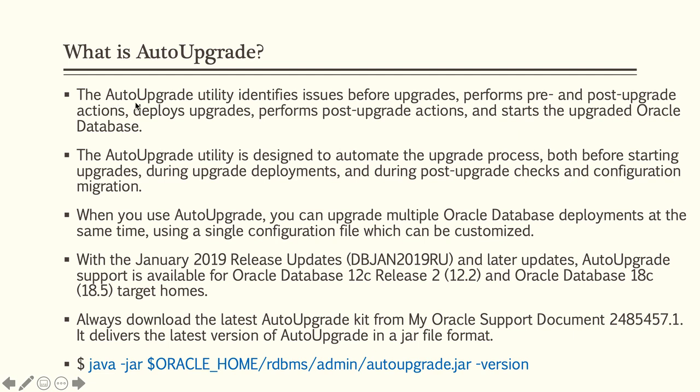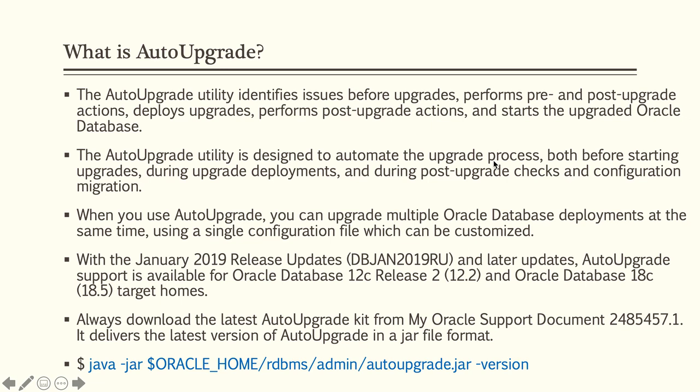So with minimal manual intervention, the entire process of the database upgrade from the older version to the newer version will be taken care of by the AutoUpgrade tool itself. The AutoUpgrade utility is designed to automate the upgrade process.